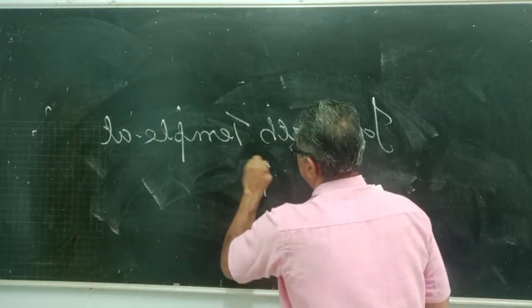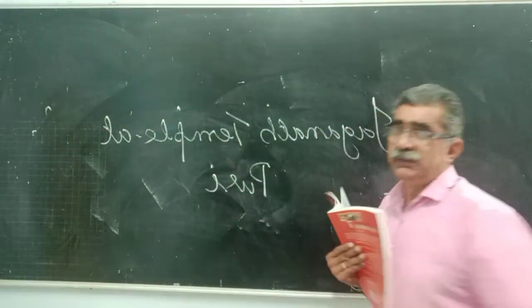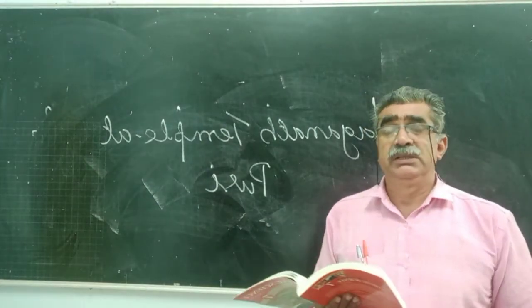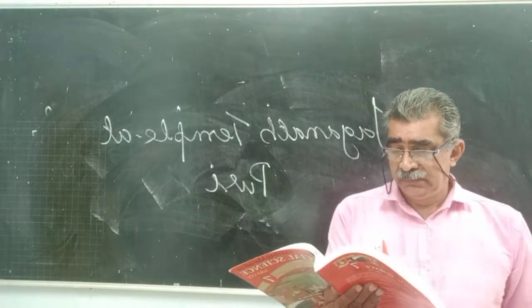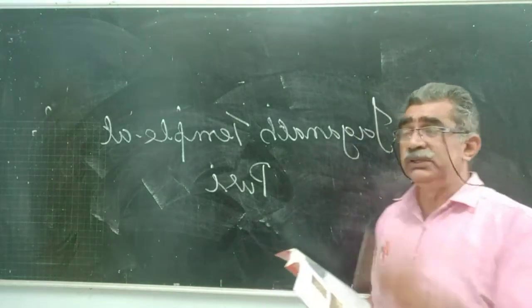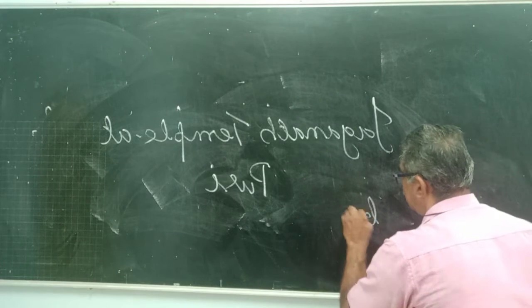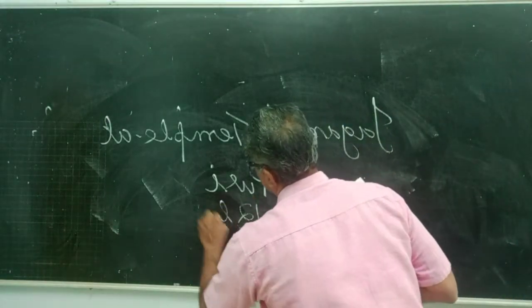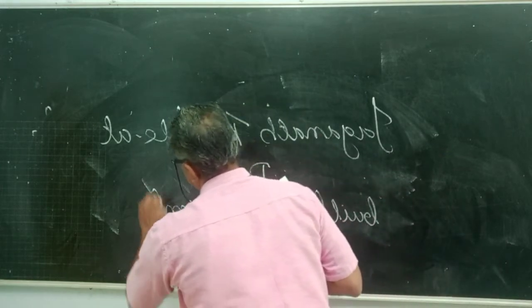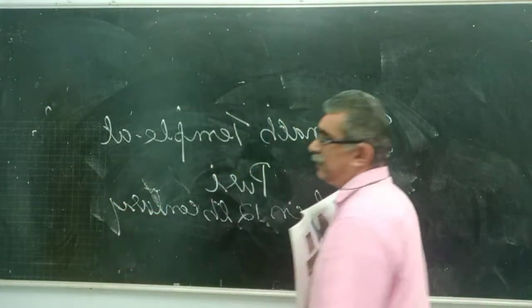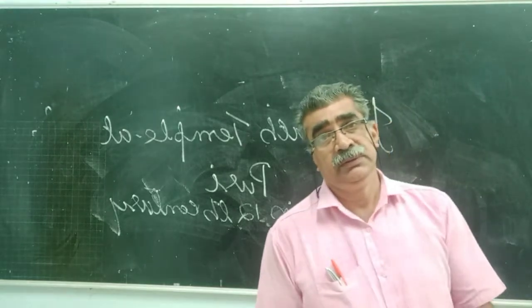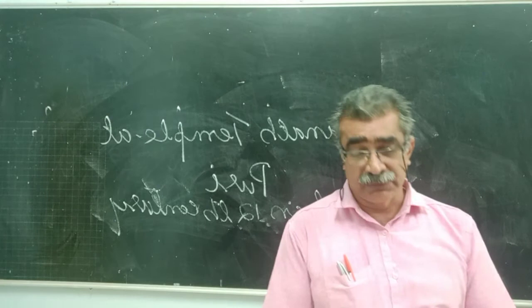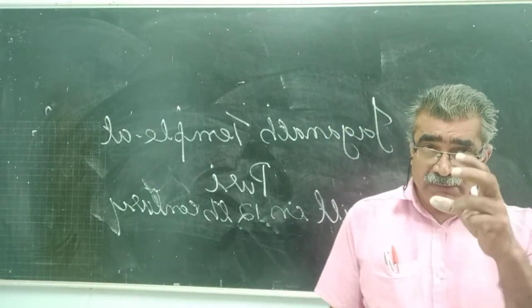It is another important temple of that time. It was built around the 12th century. Jagannath Puri Temple was built in the 12th century. See, this is an important structure.